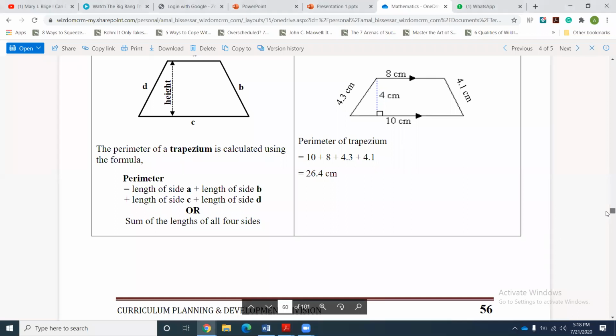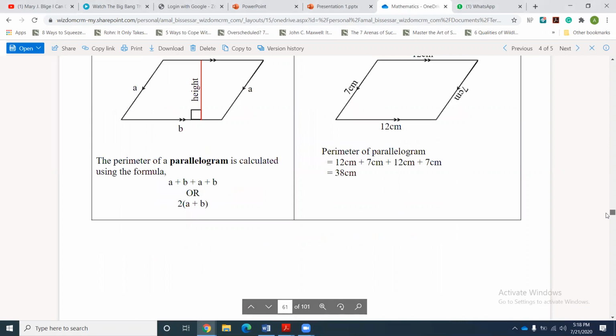In addition to which, same thing with the parallelogram. So if they give you a parallelogram and they tell you, let's put a number here. Let's say height. Let's say this is 4.